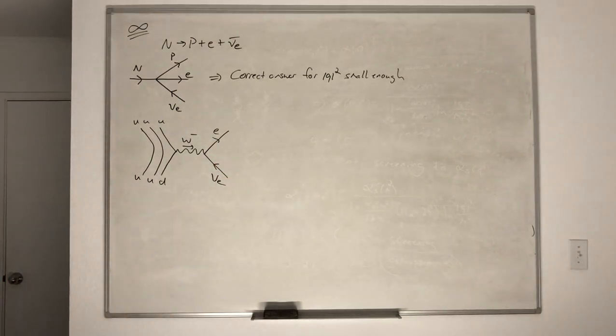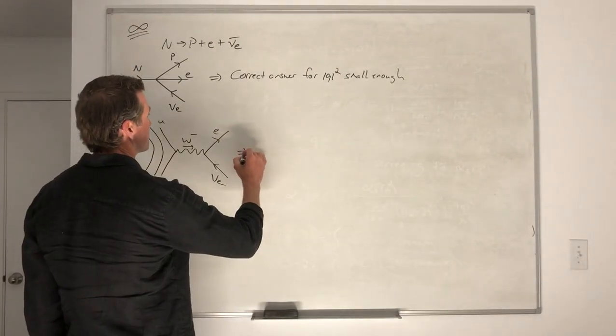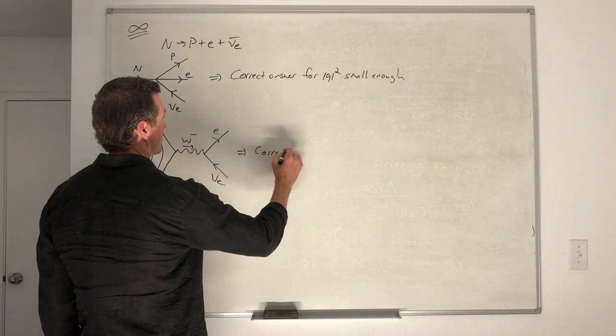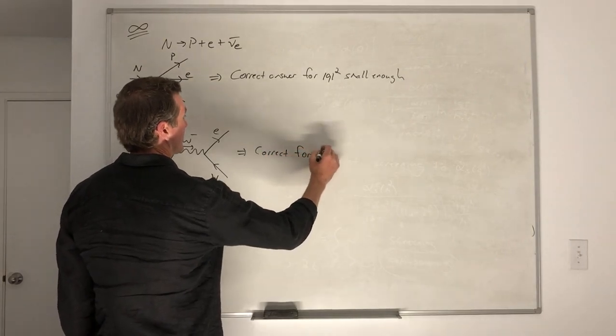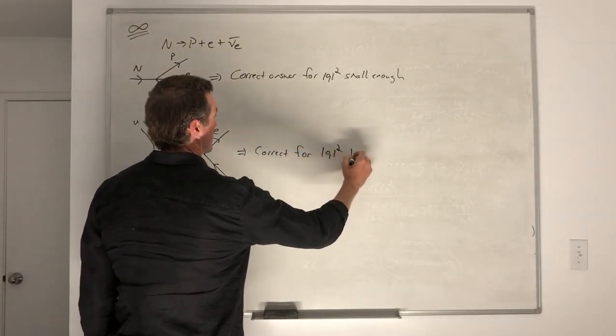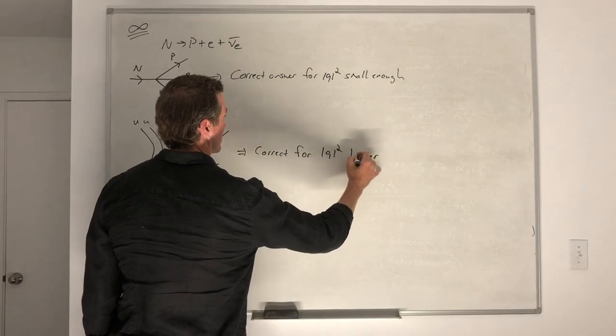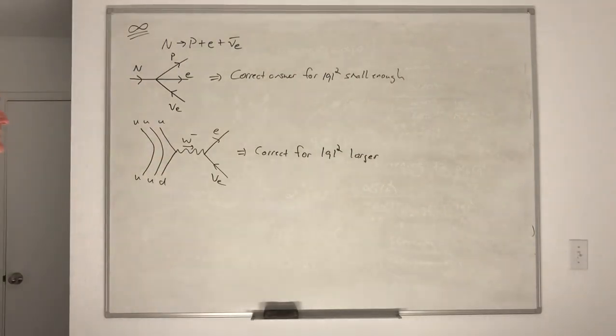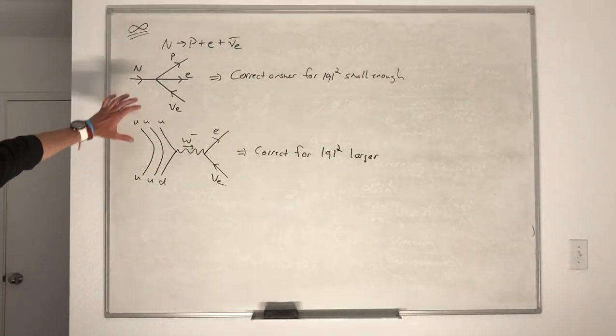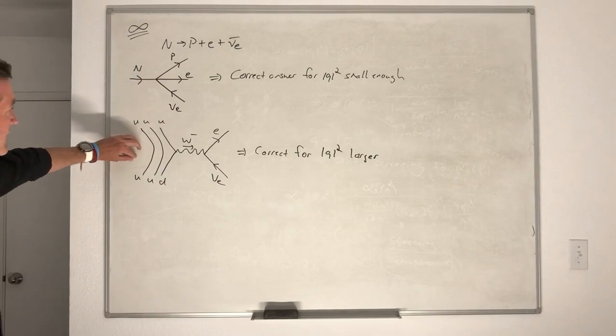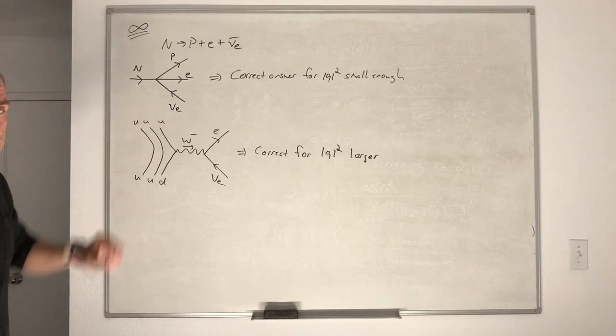Okay? Now, it turns out that if you go to large enough q squareds, then this diagram actually gives you a more correct answer than this one. All right?